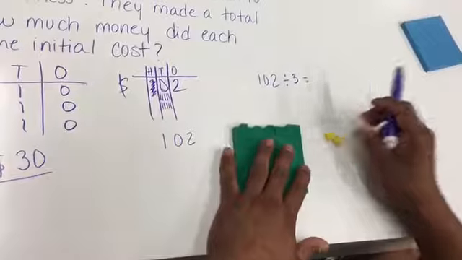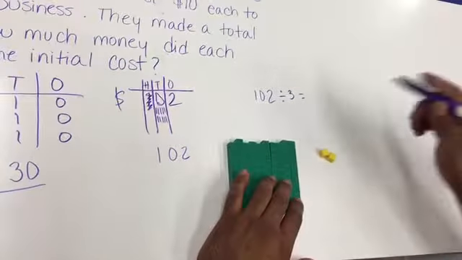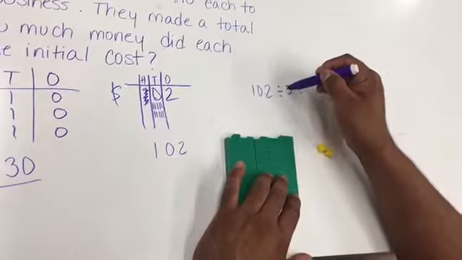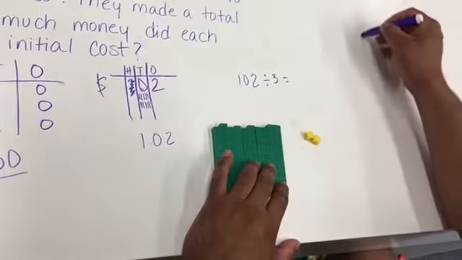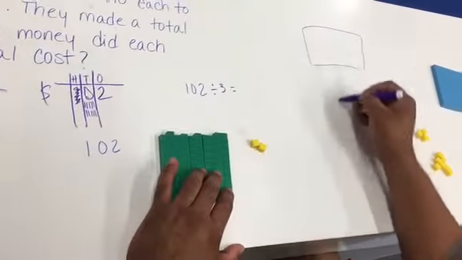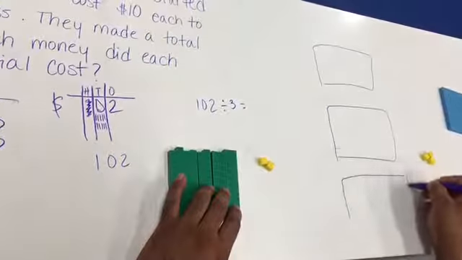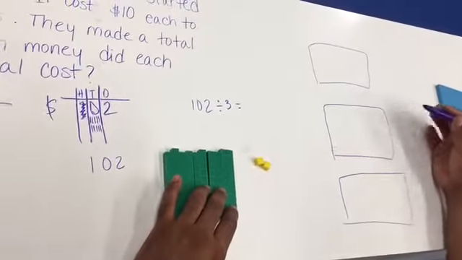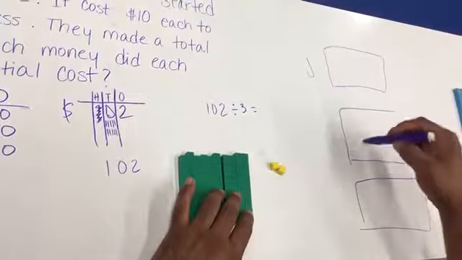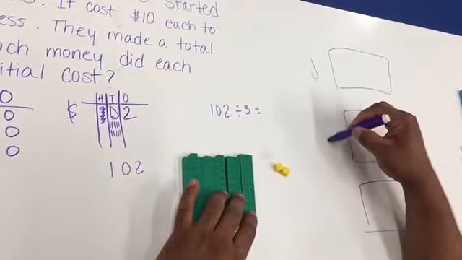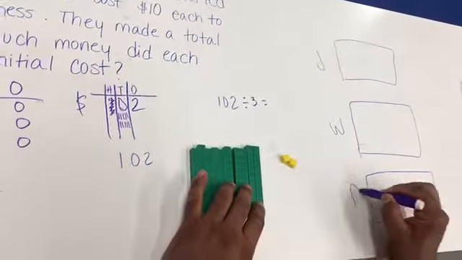And now we're gonna regroup. We know it's 102 divided by 3. So we're gonna go ahead and make 3 groups right here. 1, 2, 3. We'll say that this is John's group, this is William's group, and this is Pedro's group.